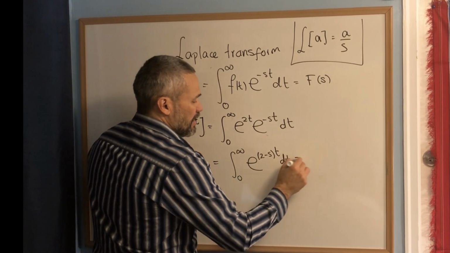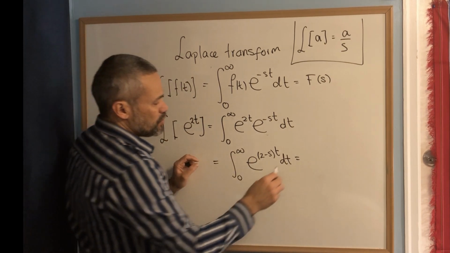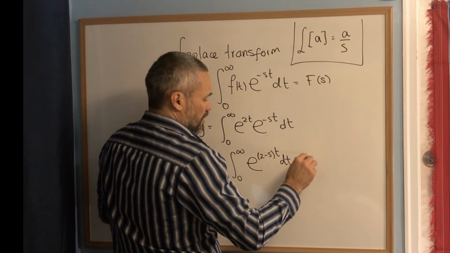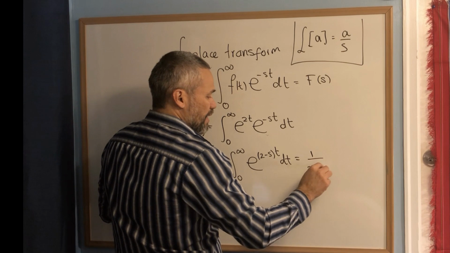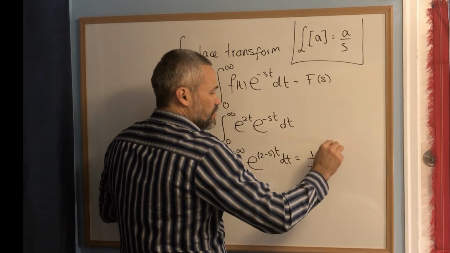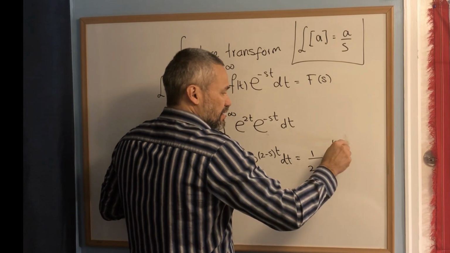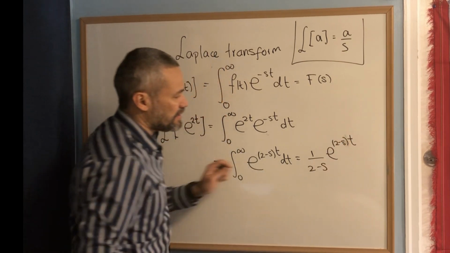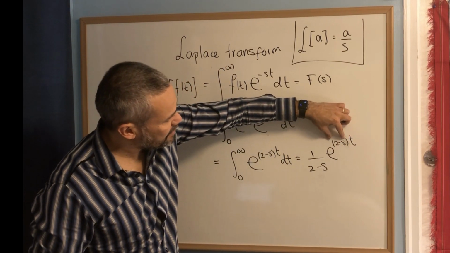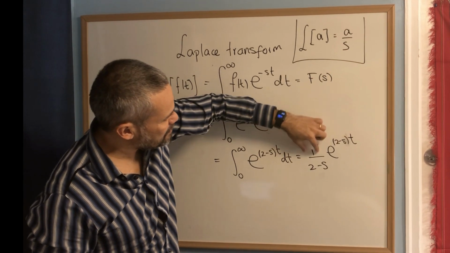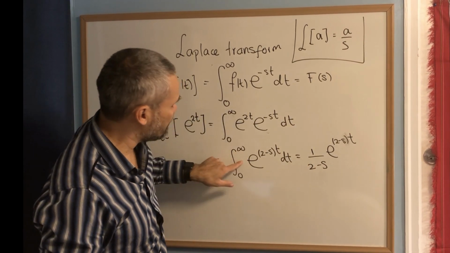And if I do a substitution, then this would be 1 over 2 minus s e to the 2 minus s times t. Notice that when you do the derivative of this function, this 2 minus s comes in front and it cancels that, and we end up with this.